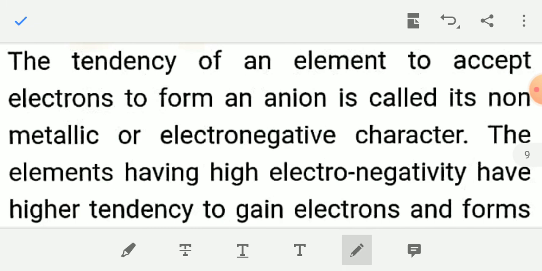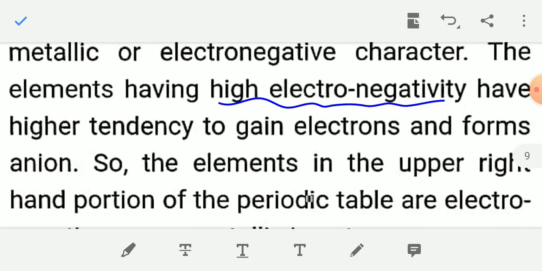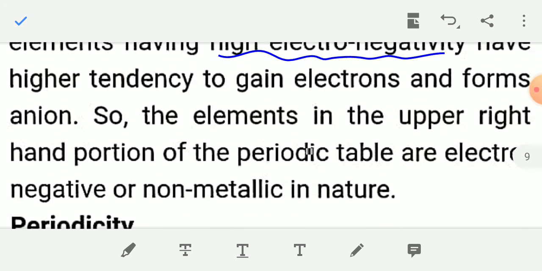The elements having high electronegativity have a higher tendency to gain electrons and form anions. So the elements in the upper right hand portion of the periodic table are electronegative or non-metallic in nature.